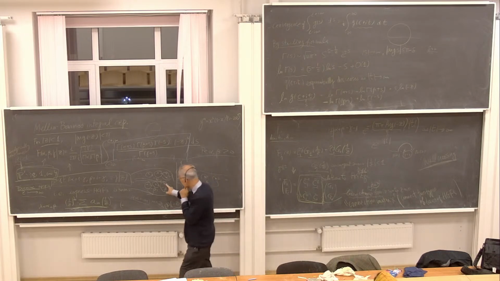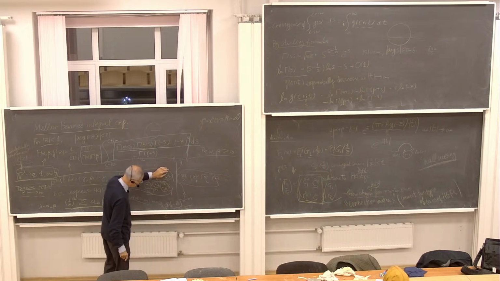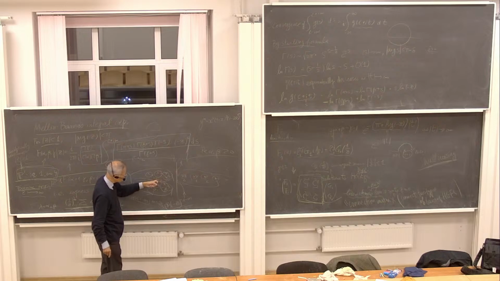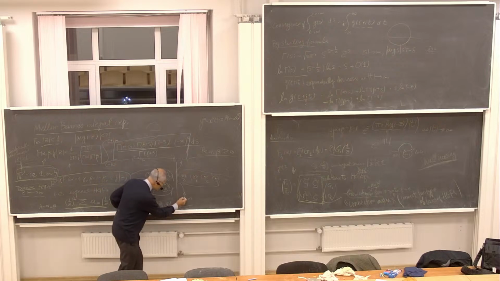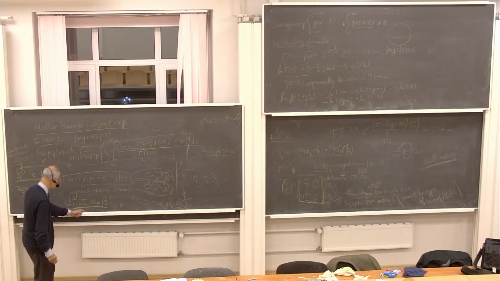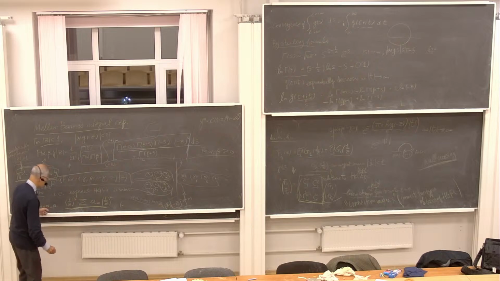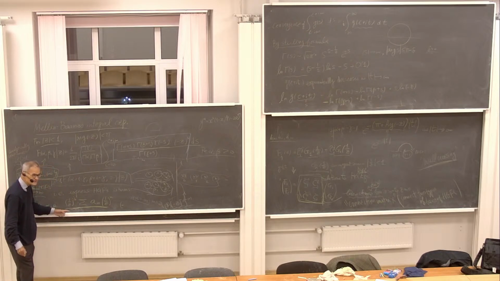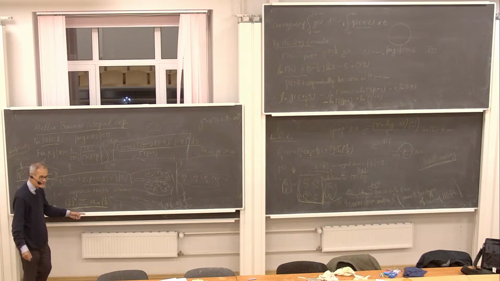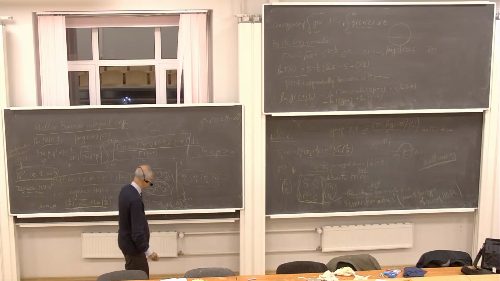If I calculate the residue at these points, this is exactly z to the power minus alpha, exactly this, z to the alpha or beta.